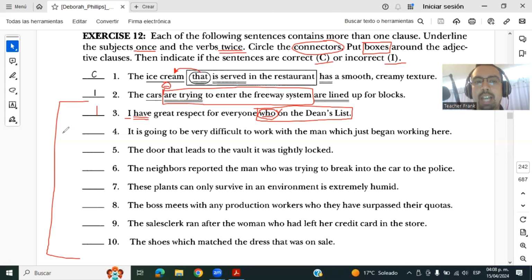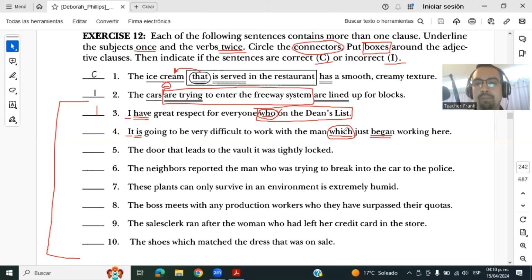Okay. Let's look at number 4. It says it is going to be very difficult to work with the man which just began working here. Okay, so we first of all have our verb is, who or what is it. It is going to be very difficult to work with the man, which in this case is going to be my subject, but also my connector, right? Just is just an adverb, so we don't have to worry about that. But the verb is began, right?